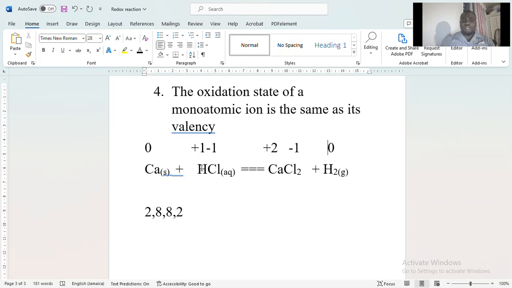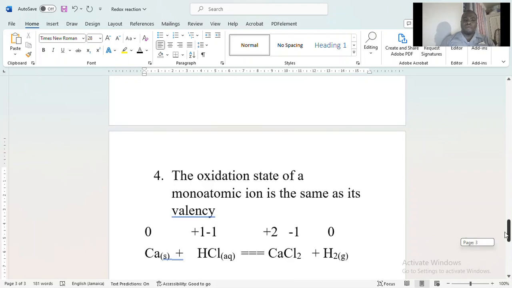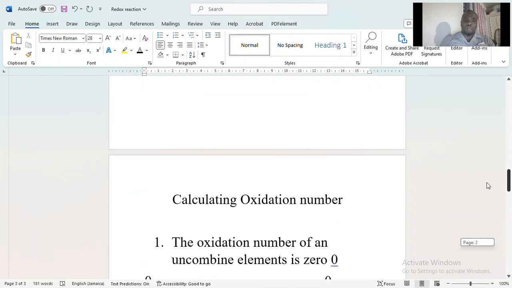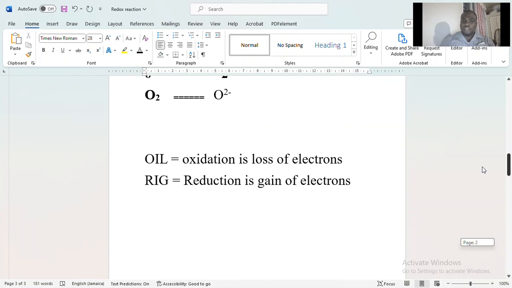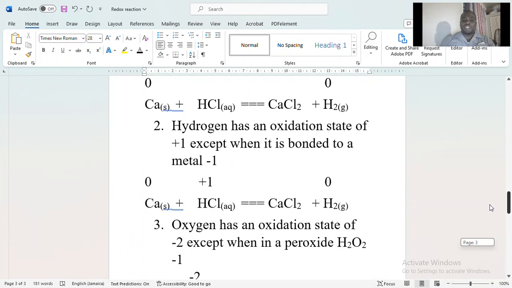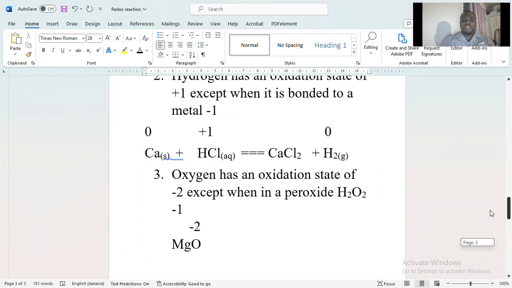And we say to ourselves, what is gaining an electron? And then we make the reference going back up: RIG. Reduction is the gain of electrons. So right there, this hydrogen is being reduced. And why is it that we're using the term reduce?